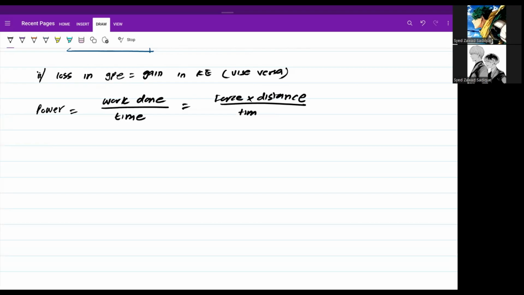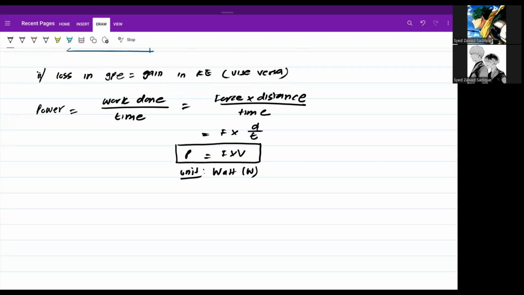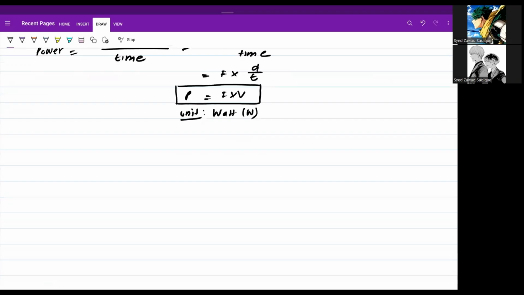And finally, we know that distance divided by time is velocity, so power is force times velocity, P equals Fv. This is the new formula. I'm not sure if we used this in AS physics, but this is new. The unit of power is the watt, W.